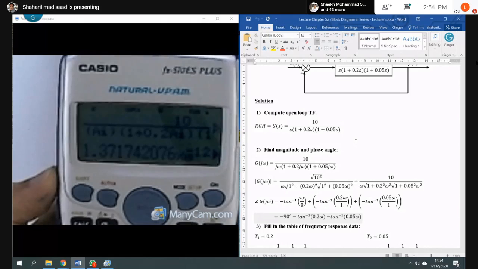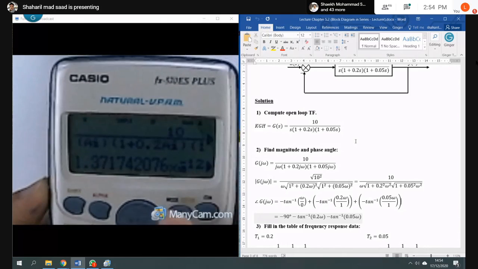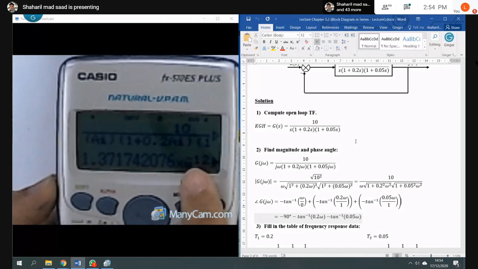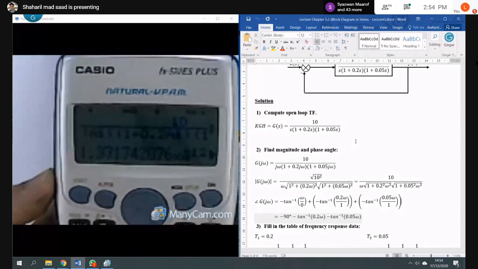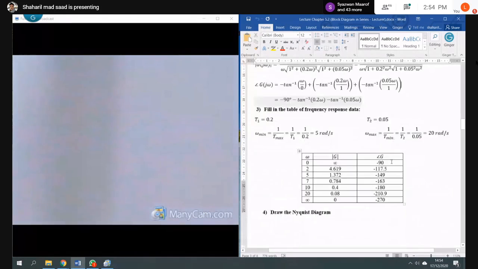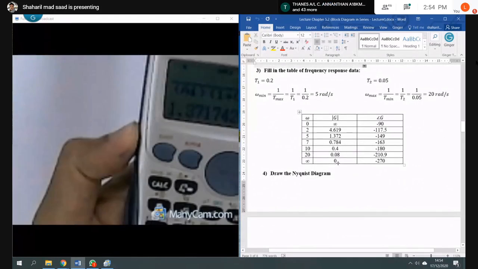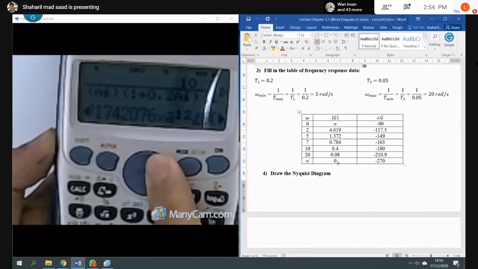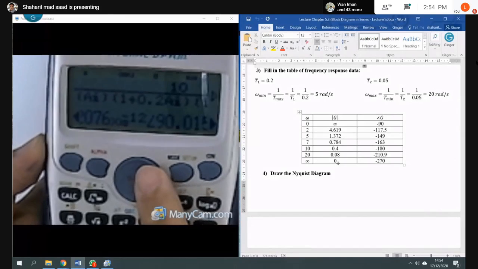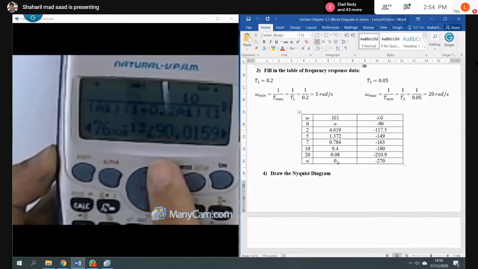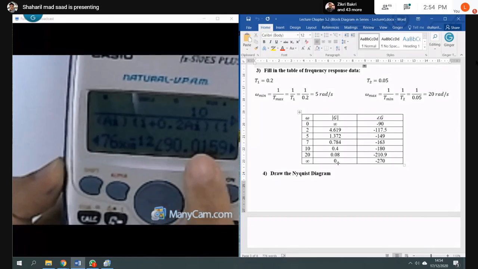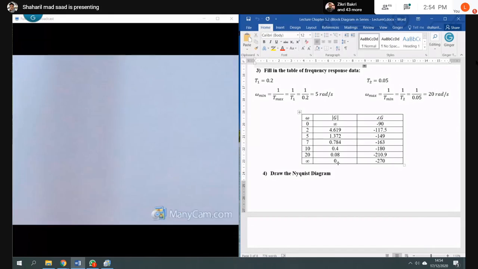Then you press enter. So you can see that this one is power of minus 12, right? That means the magnitude is 0. Can you get it? Minus 12. And then the base angle is 90. Plus 90, that means 90 you need to minus with 360. That's why you will get minus 270.